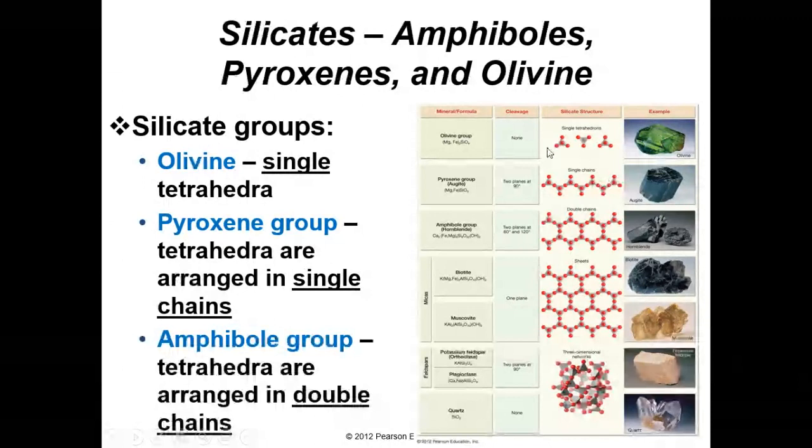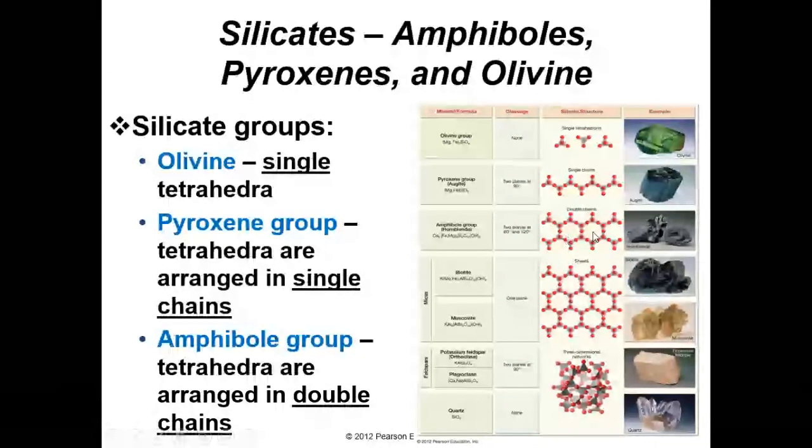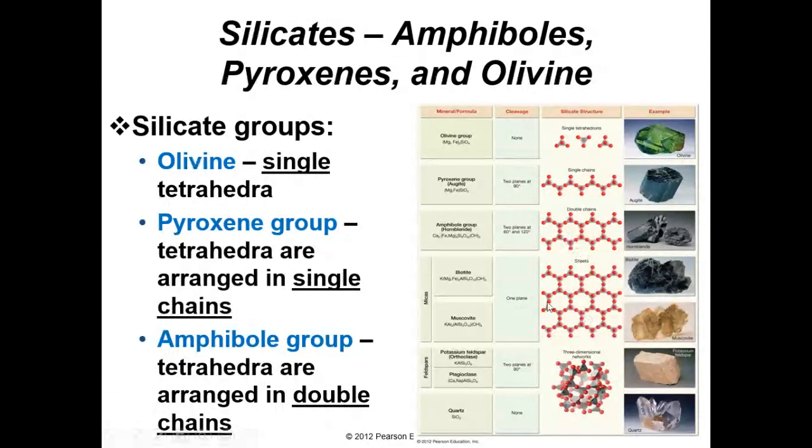Then, as you can imagine, we get into double chains, which is two chains added together. Then sheets, which is when there's more than a double chain, so basically 3 or more chains put together. Then we get what's called a three-dimensional network.